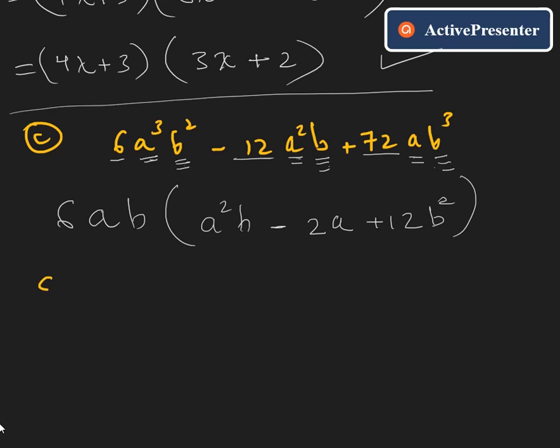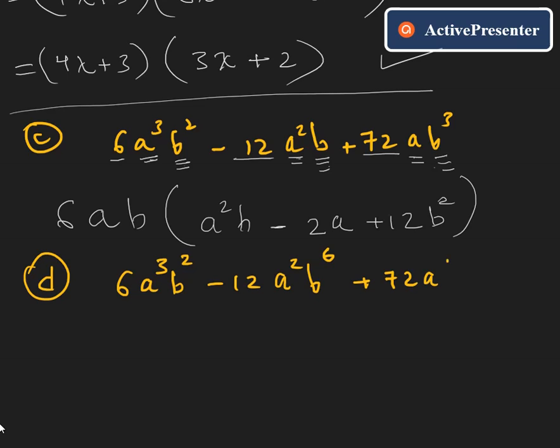If we say d, I will use the same 6a cubed b to the power 2 minus 12a squared b to the power, let's say 6, plus 72ab to the power 3. So what is the greatest that divides them all? We know it is 6. A, we have a.